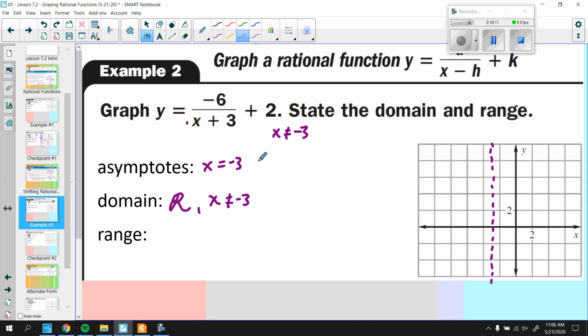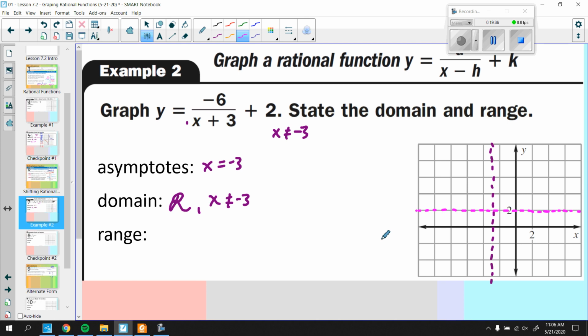Was it this one? I don't remember. Just trying to keep it the same. So now I'm looking here. What's going on here? This is taking the whole graph up 2, the plus 2. So why don't we just do it? Instead of being here on the parent function, we went up 1, 2. So now I'm going to end up with a horizontal asymptote right here.